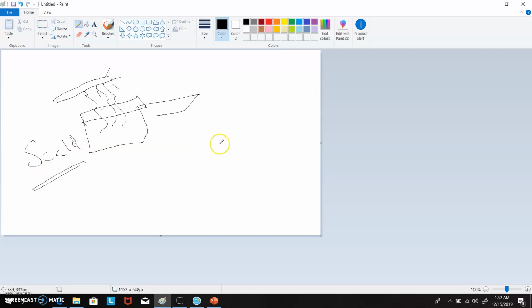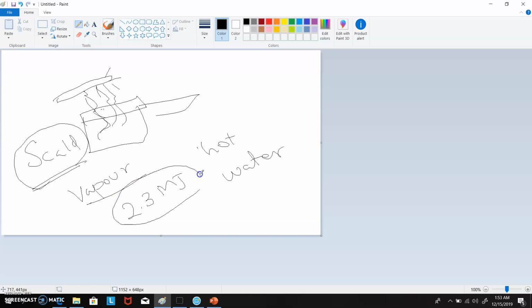Another example: if sometime hot water spills on your body, you won't feel that much pain. When the vapor falls on your body, it will be very dangerous. The vapor is very dangerous because it releases 2.3 million joules of energy outside.